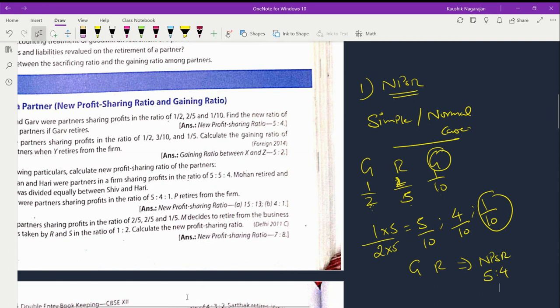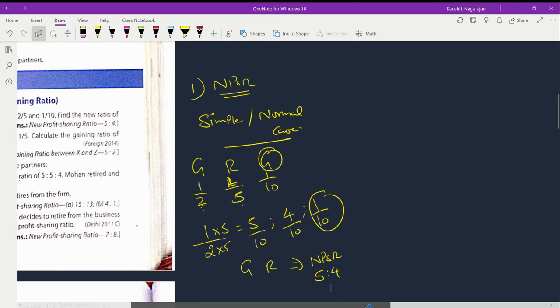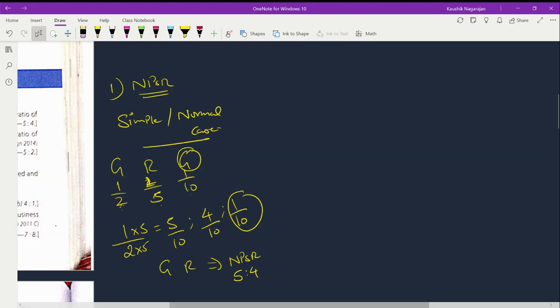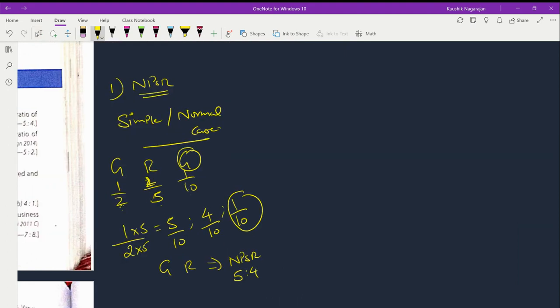So this is the NPSR which they have asked in the question. Suppose they are asking you to find out the gaining ratio. Remember, when it is a simple based problem, your NPSR itself will be your value of gaining ratio. So apply the formula to calculate gaining ratio.